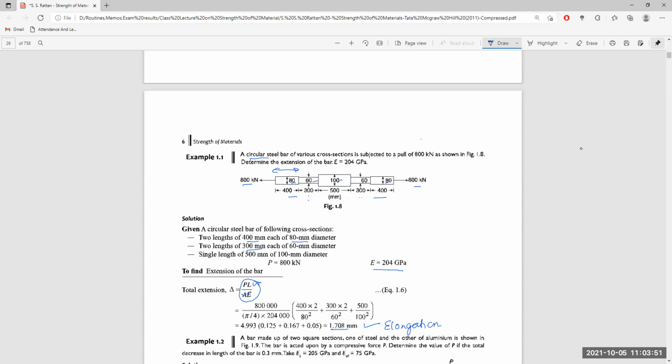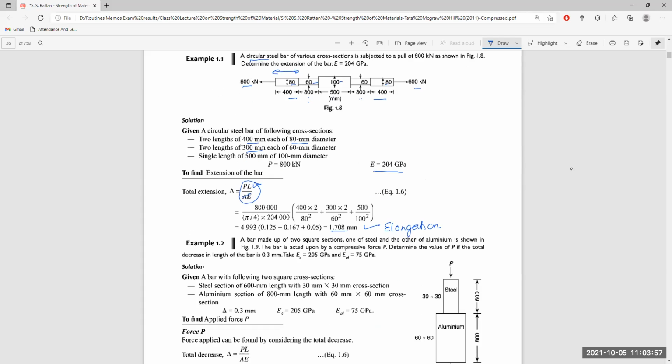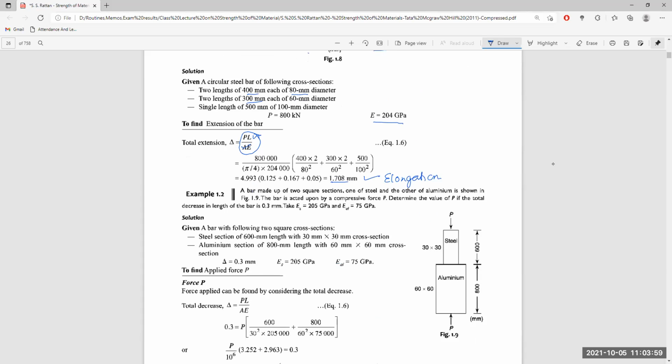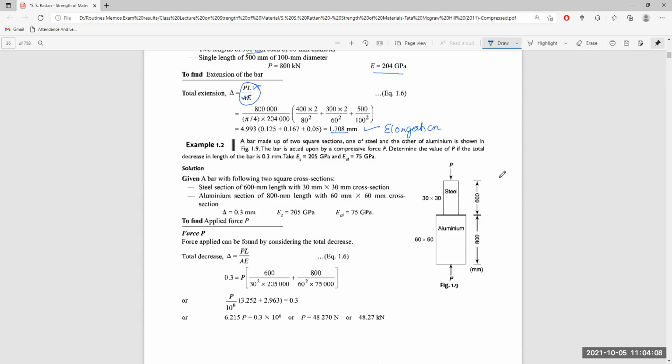Okay. Next, this is a bar. It is another type of problem.